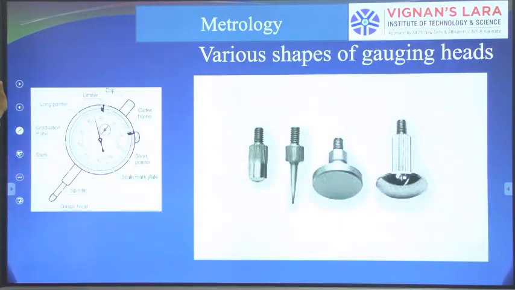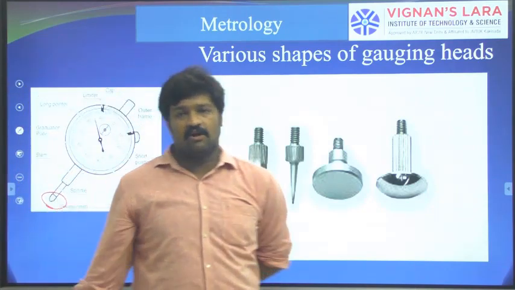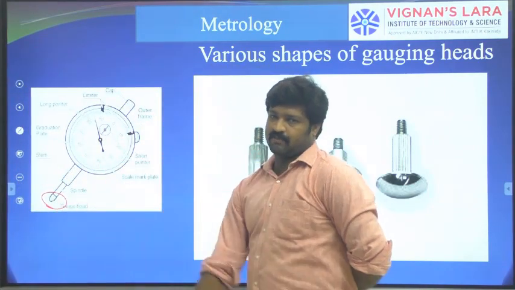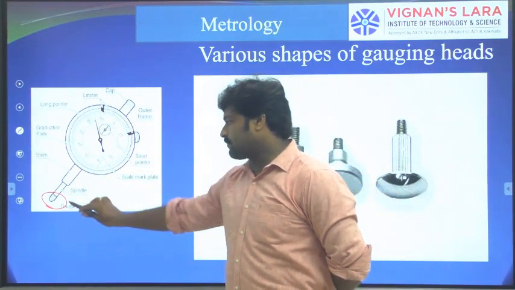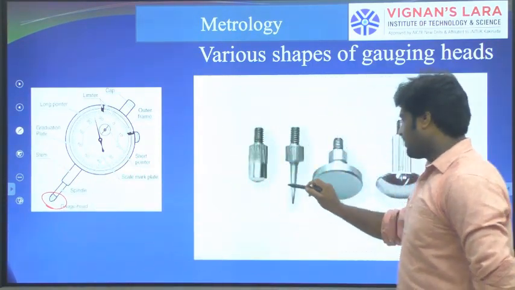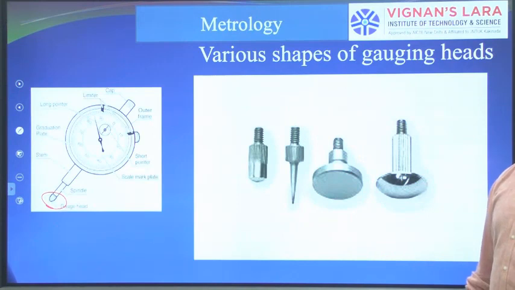So these are the various gauging heads. In the earlier cases we discussed the gauging head. The gauging head is the main component which is in contact with our workpiece. Depending upon the profile to be measured, we have various types of gauge heads.